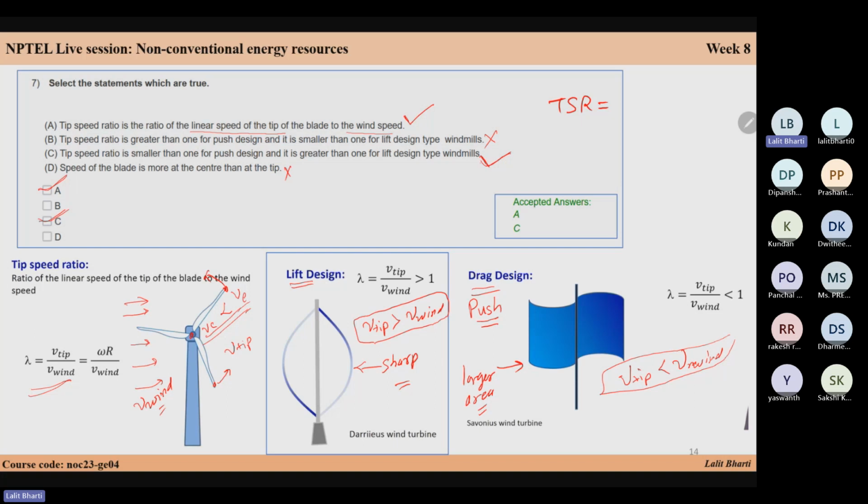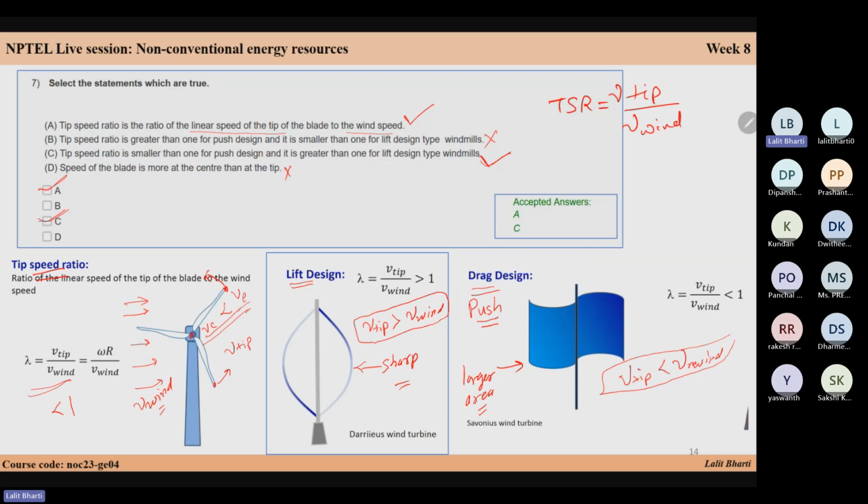We saw that it is the speed at the tip versus the speed of wind. So this is the TSR. We need the TSR to be as high as possible. So statement A is correct.